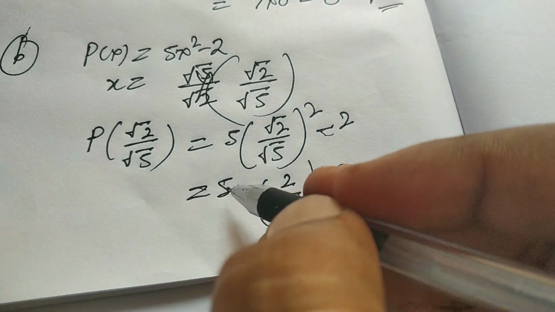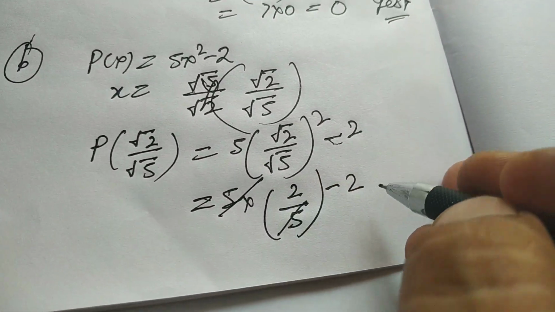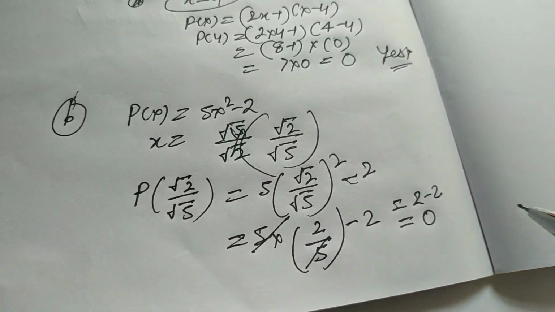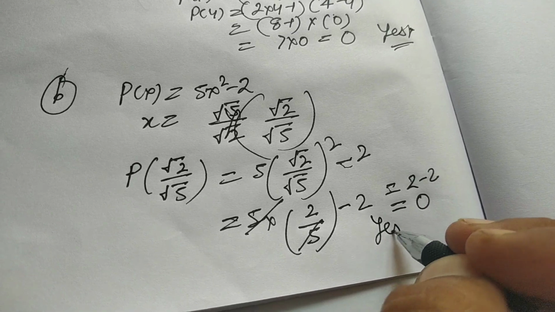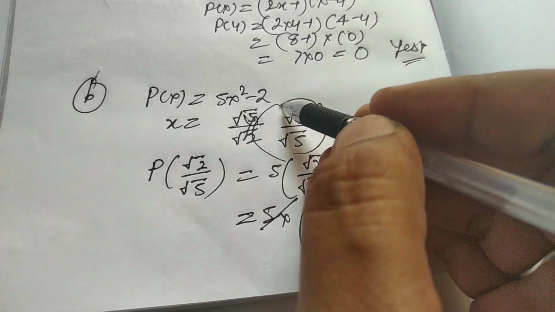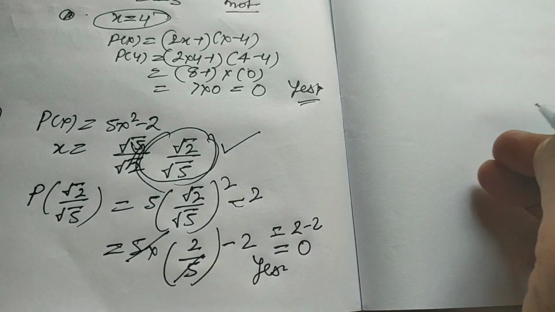So 5 into 2 upon 5, then 5 cancels out. This is equal to 2 minus 2 is equal to 0. Yes, root 2 upon root 5 is the root, or a zero, of the polynomial.